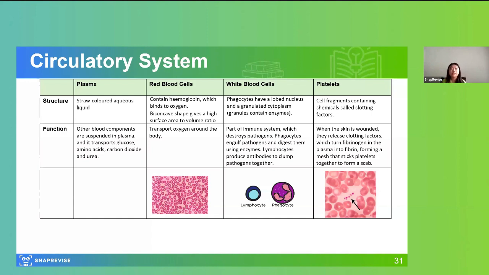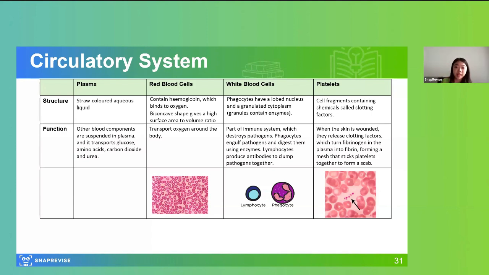The white blood cells are part of the immune system. This is what protects you. Essentially, they help you destroy pathogens. Pathogens are what make you sick, think of them as toxic little creatures trying to make you sick. The phagocytes engulf these pathogens. Don't use the word eat, say engulf.